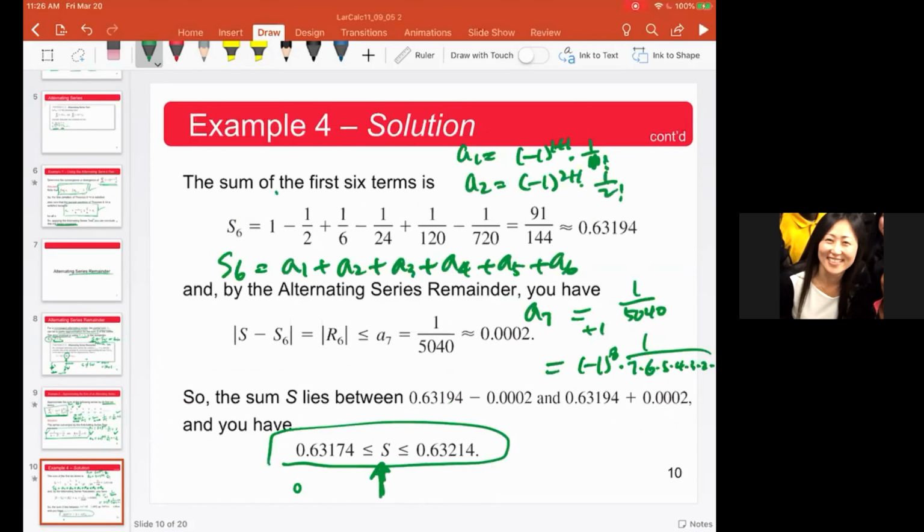Remember, the series goes all the way to infinity, and I don't know exactly what that number is, but I can say the summation of the infinite series has to be bounded by S sub 6 minus A7 and S sub 6 plus A7. That's very important. You just estimated the sum of an infinite series using finite terms, in this case the 6 terms you used.